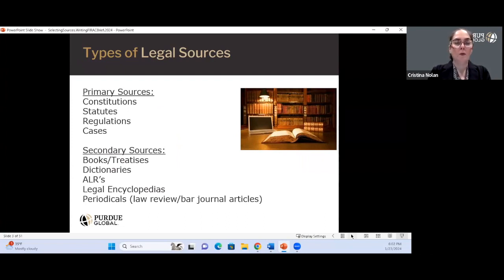So we're going to begin by talking about the different types of legal sources. We're in an interesting time period right now when it comes to legal research. All of the professors here tonight went to law school at a time when we were transitioning from brick and mortar libraries, where you had to touch the books and your professors wanted you to actually learn book research.